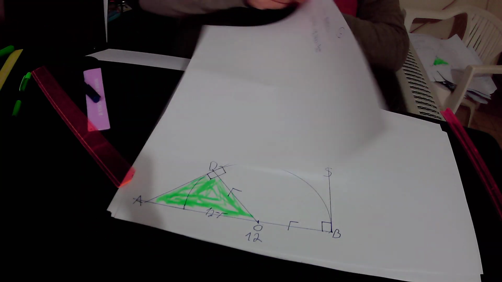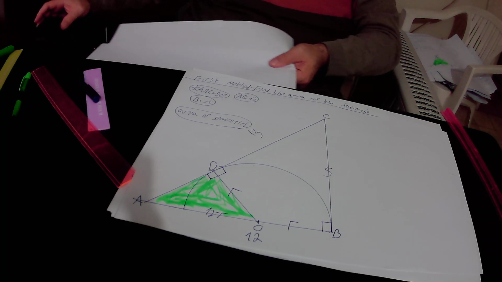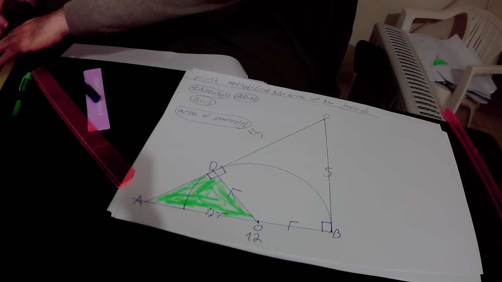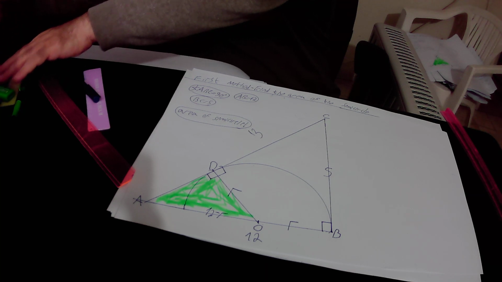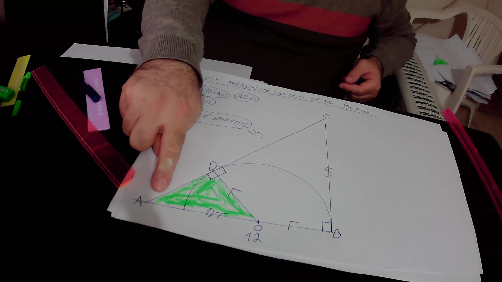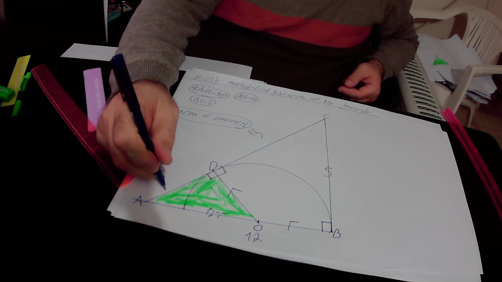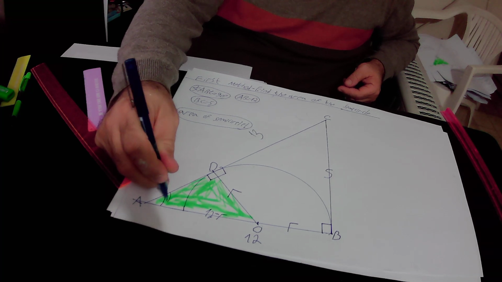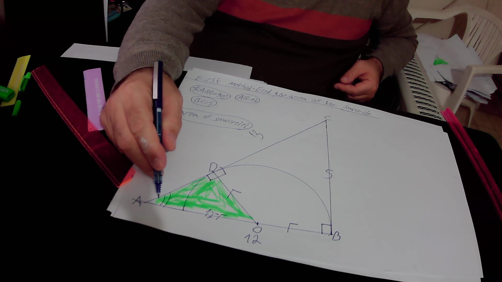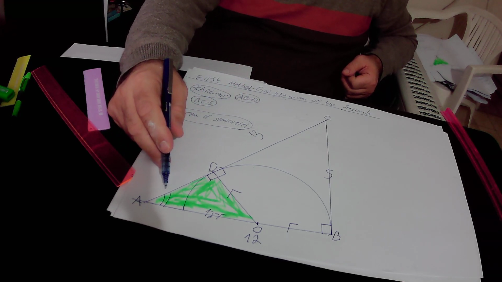And we also have this angle, angle CAB. Angle CAB is a common angle. It belongs both to the big right triangle, triangle ABC, and angle CAB also belongs to the green triangle.